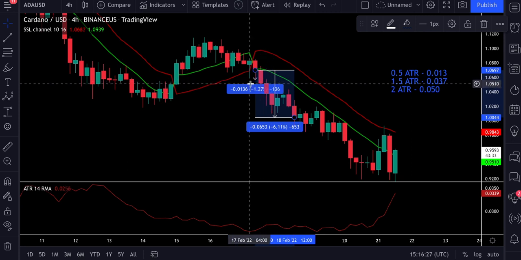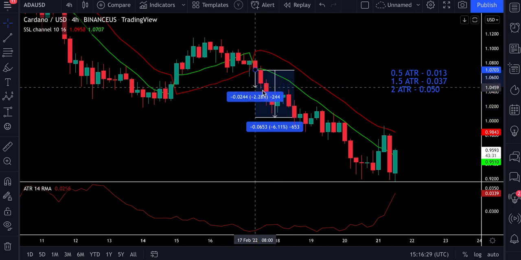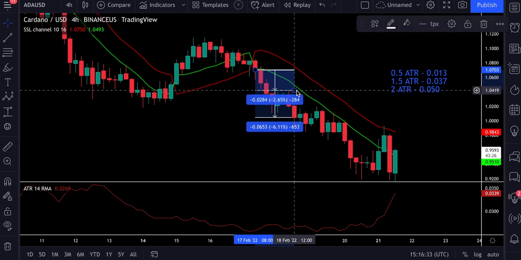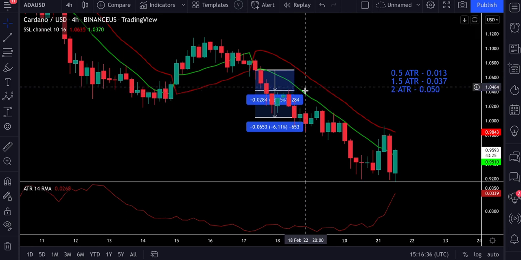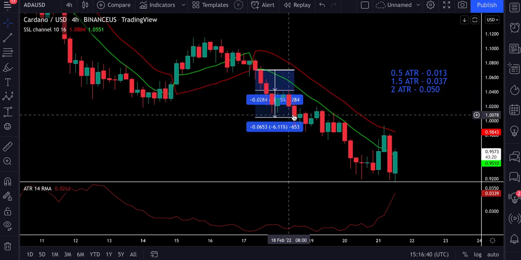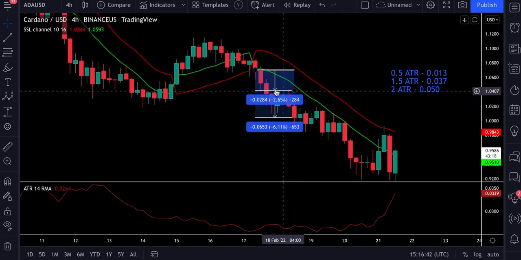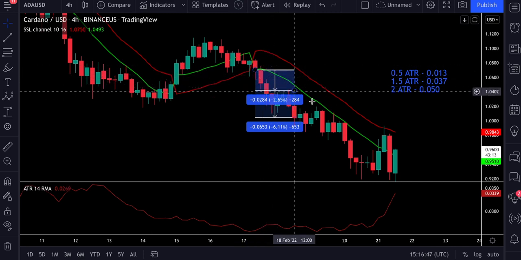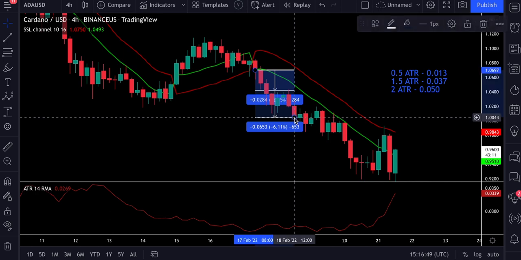Yeah, 28. So let's move our stop loss all the way down to 28. So now we have exactly 1.5 ATR, the distance between our current price and the stop loss. So now you have a bigger win right here. See, that's how you scale in.